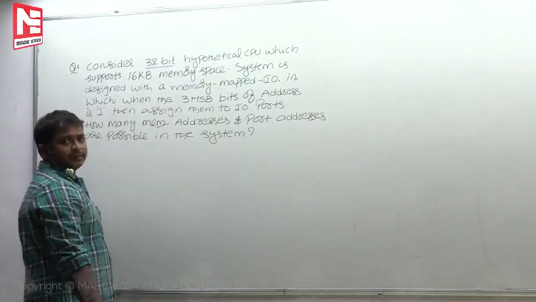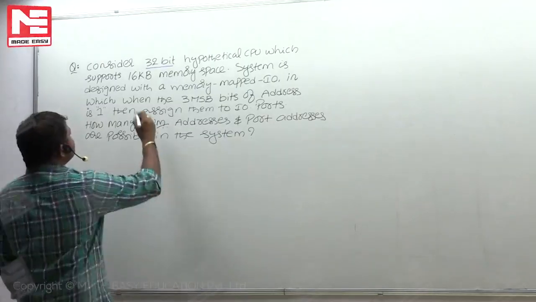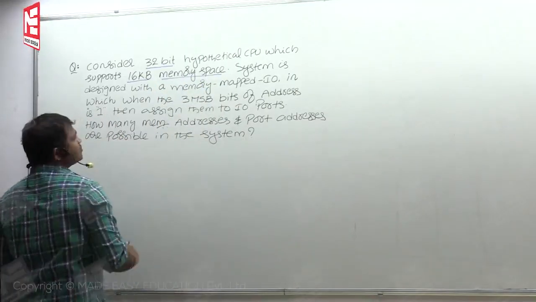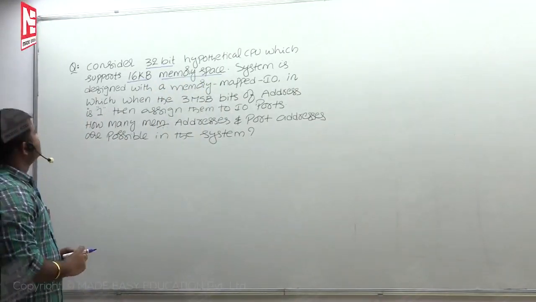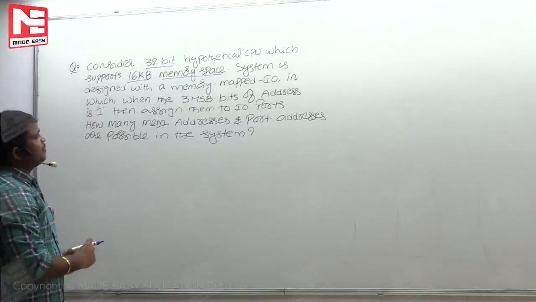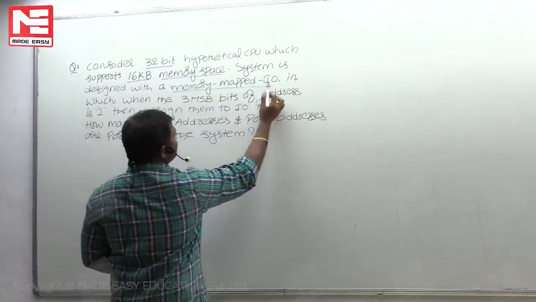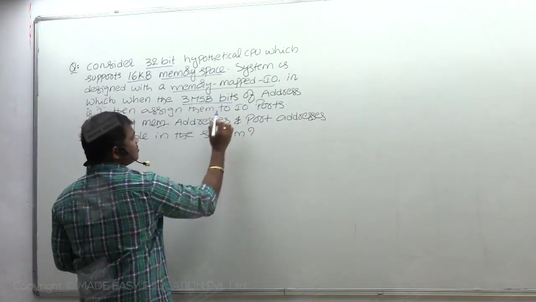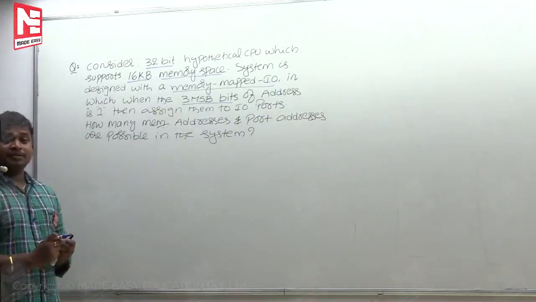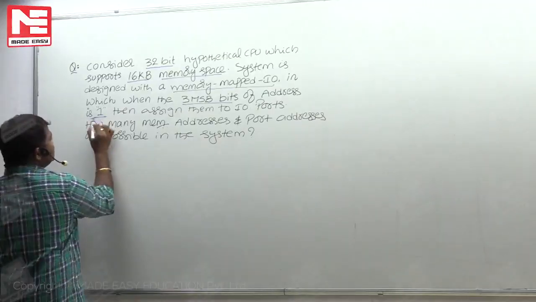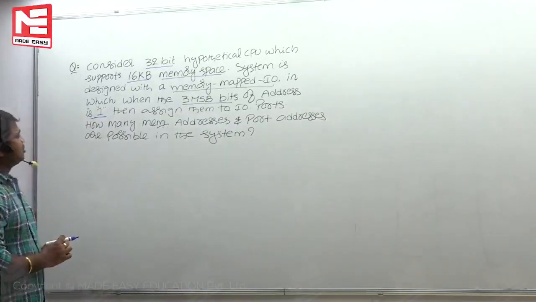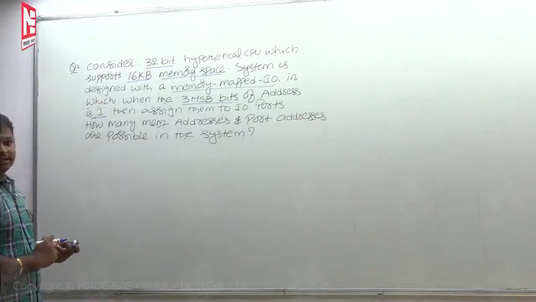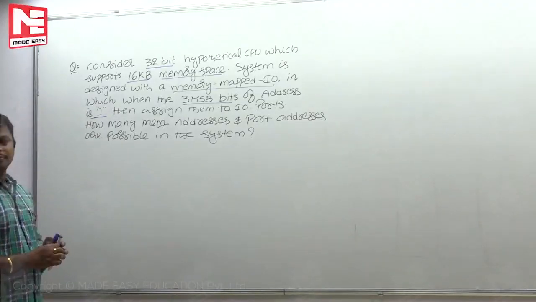It is a 32-bit CPU which supports 16 KB main memory space. System is designed with a memory mapped IO, in which when the 3 MSB bits of address is 1, then assign them to IO ports. How many main memory addresses and port addresses are possible in the system? This is the question. Correct?